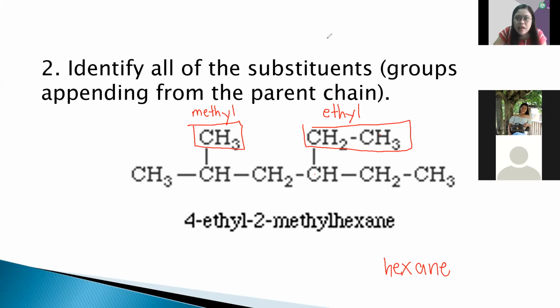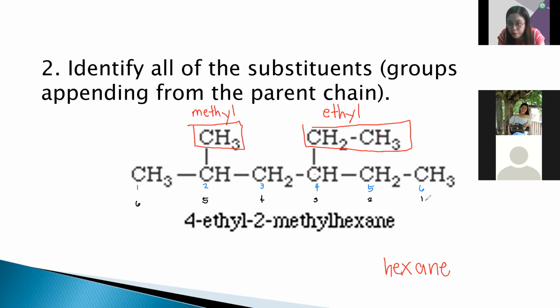Magna-number tayo dito sa ating parent chain. And let's try. Kung ito yung carbon number 1 natin, on carbon number 2, may substituent na tayo. Pero kung baliktarin natin, di ba kanina binaliktad ko class, this is carbon number 1. Kasi you have to identify saan yung pinakamalapit na merong substituent.